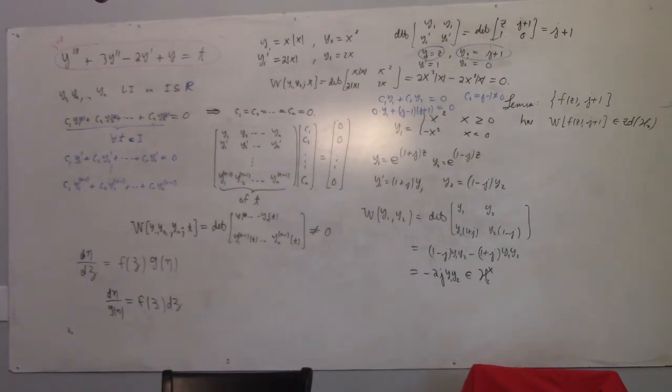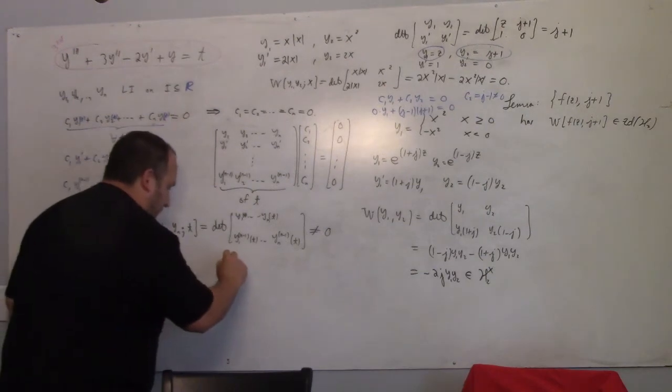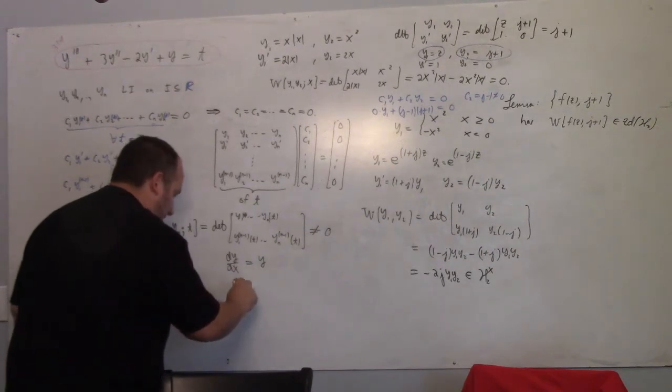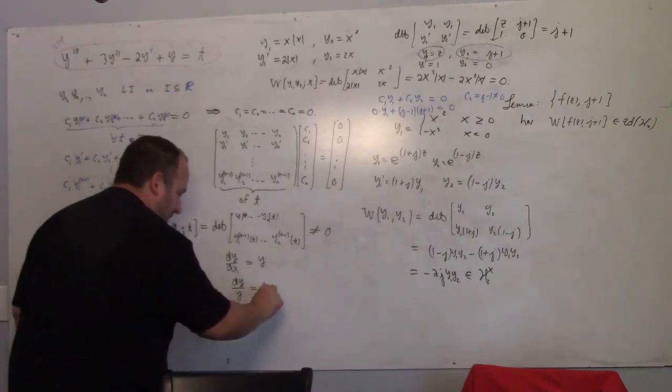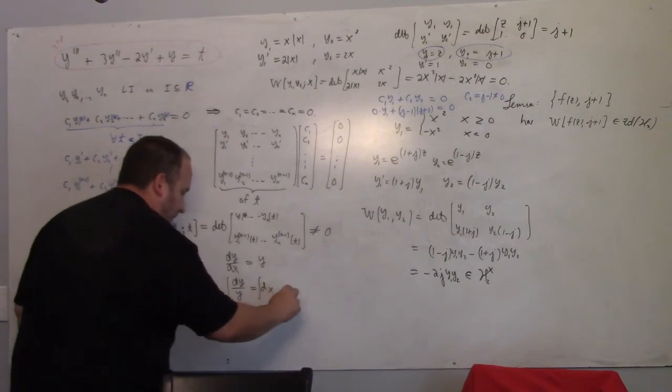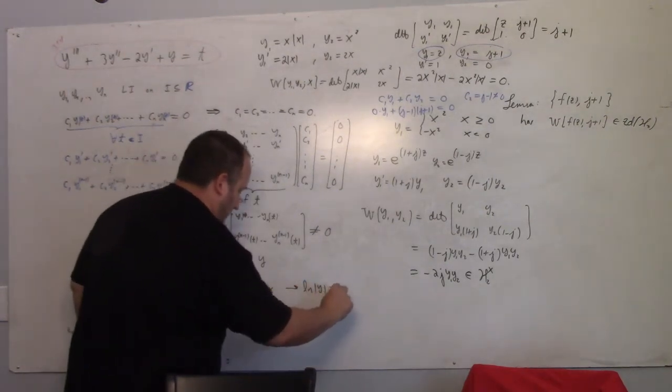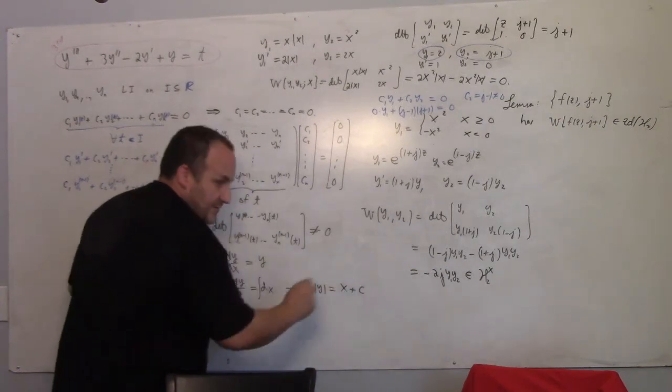I don't know if you thought about this or not, but this one, for example, dy dx equals y. dy over y equals dx, integrate. So we get natural log, absolute value of y, equals x plus c. Great.